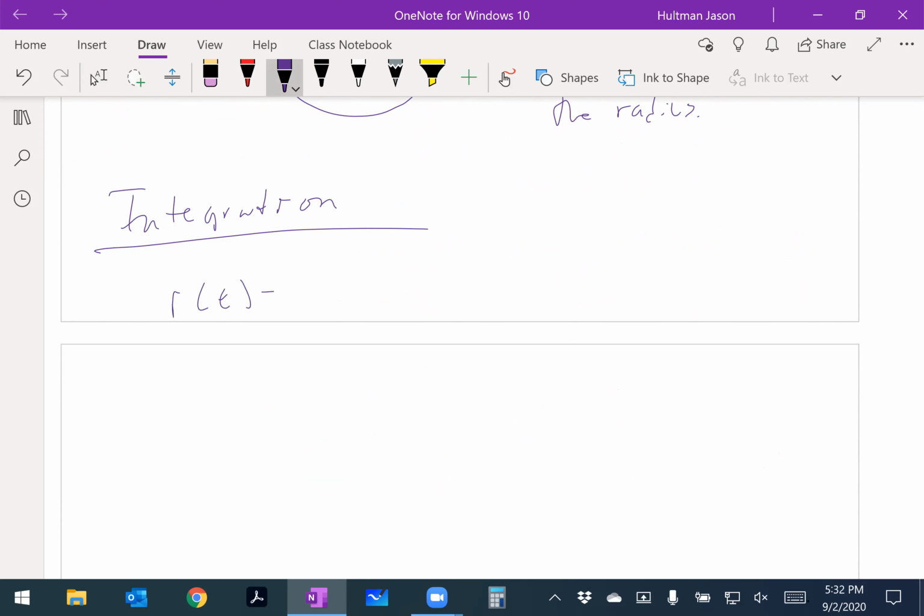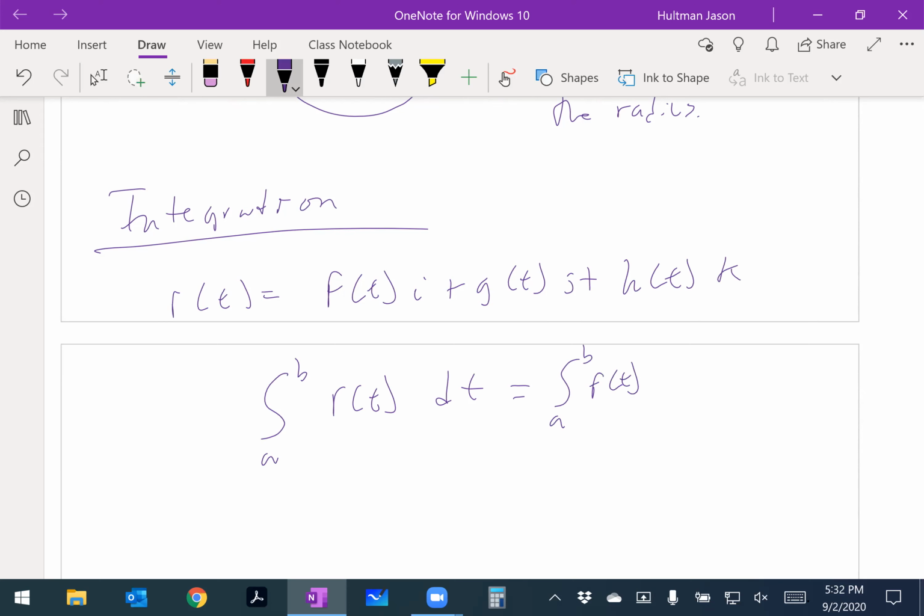If r of t is equal to f of t i plus g of t j plus h of t k, then the integral from a to b of r of t dt is equal to the integral from a to b of f of t dt i plus the integral from a to b of g of t dt j plus the integral from a to b of h of t dt k.